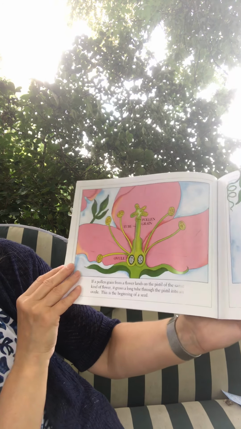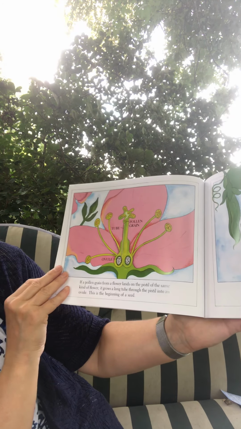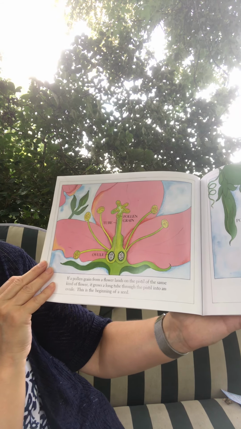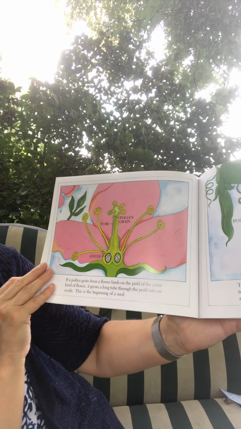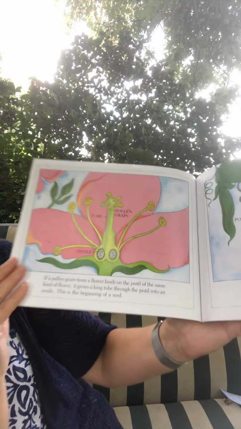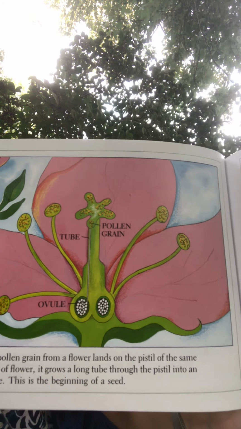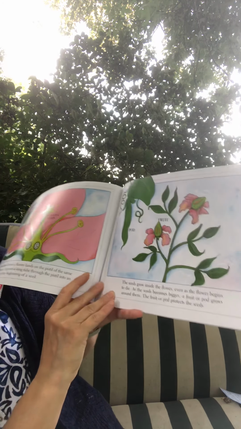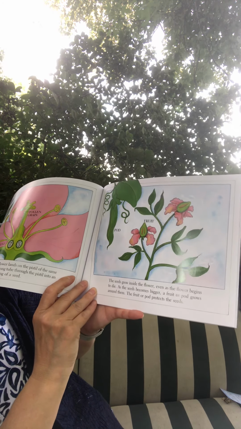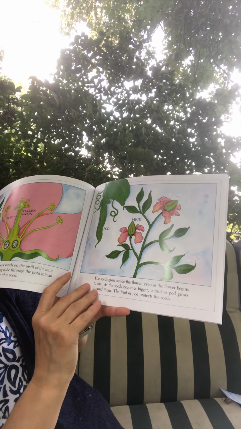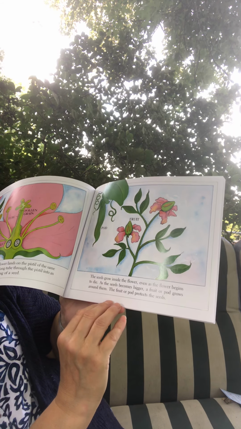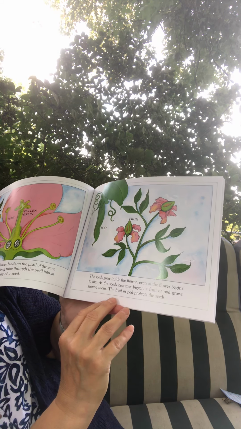If a pollen grain from a flower lands on the pistil of the same kind of flower, it grows a long tube through the pistil into the ovule. This is the beginning of a new seed. The seeds grow inside the flower, even as the flower begins to die. As the seeds become bigger, a fruit or pod grows around them.